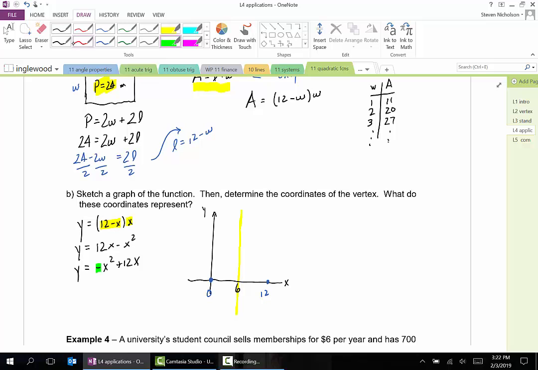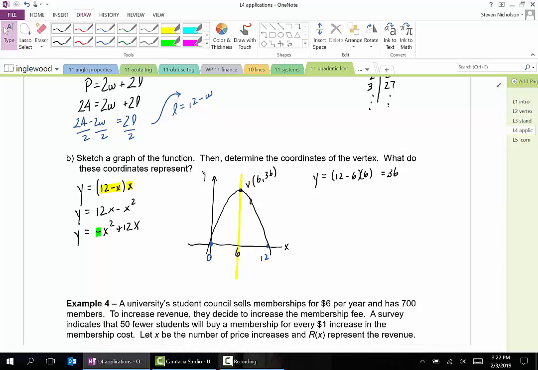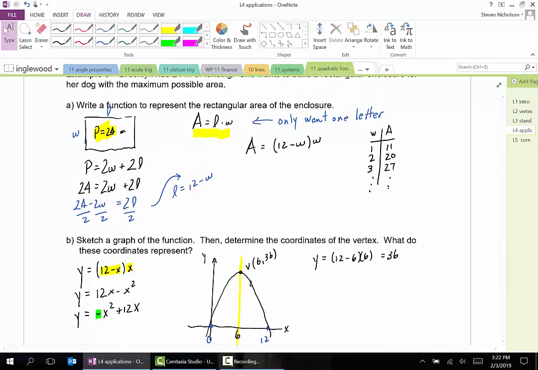And all I have to do is figure out what is the y-coordinate when x is 6, and I get 36. So the coordinates of the vertex are going to be 6, 36. And again, in this question, the vertex gives us the answer, because we want to know the maximum.